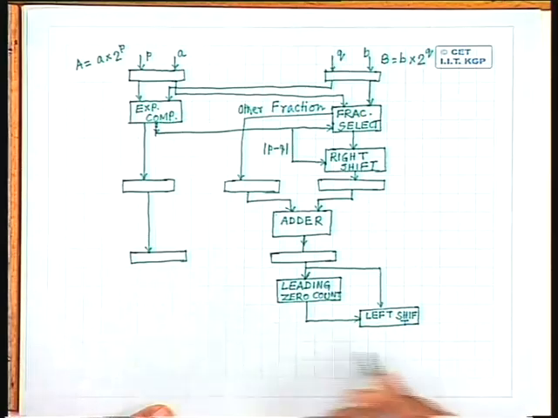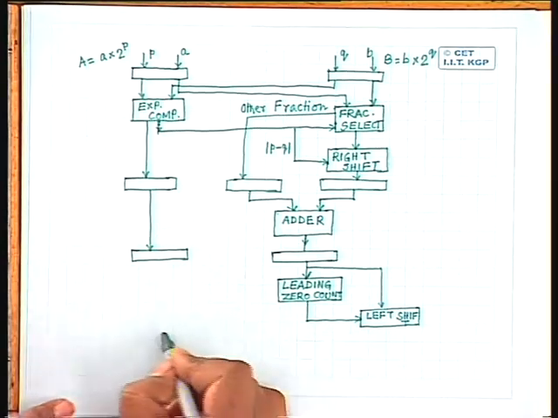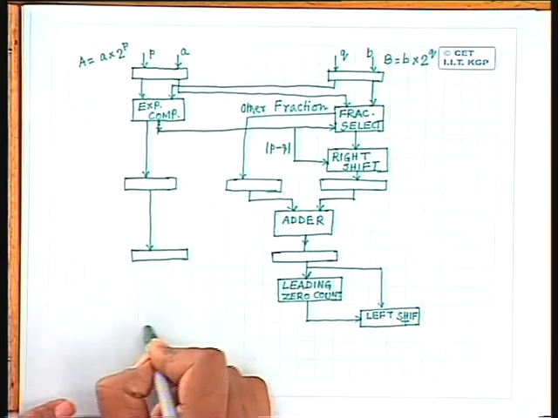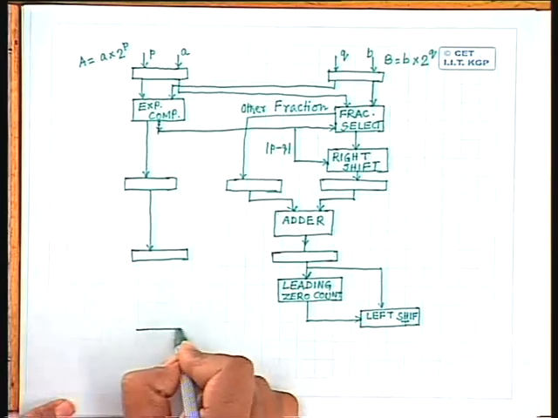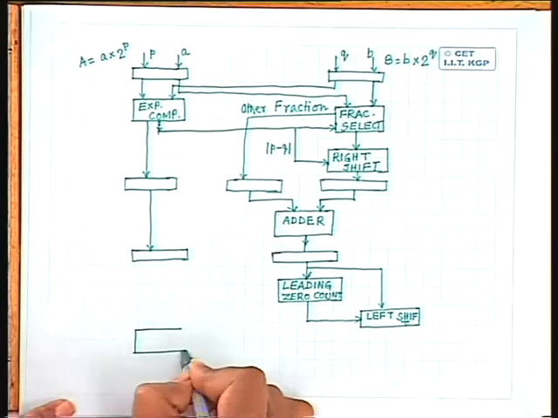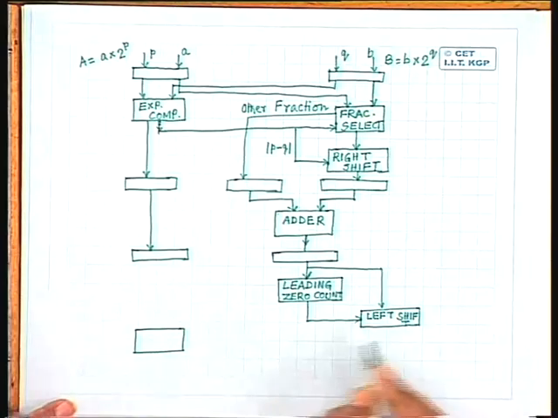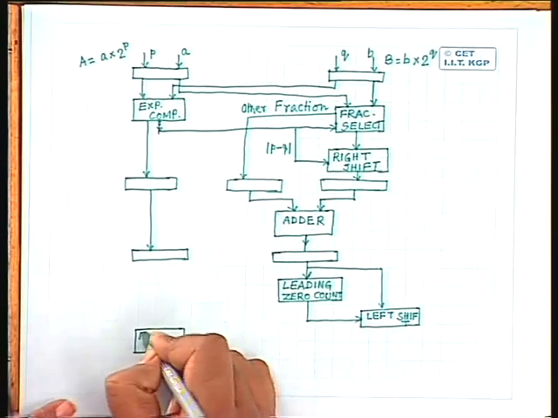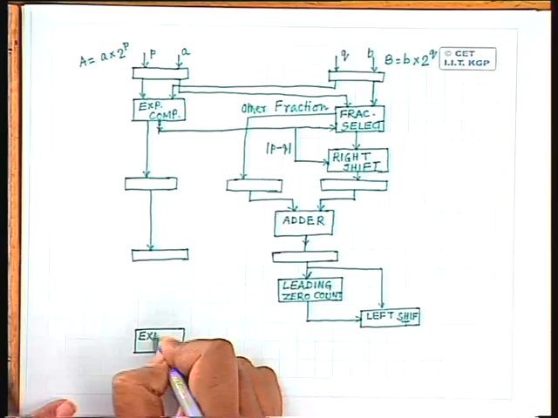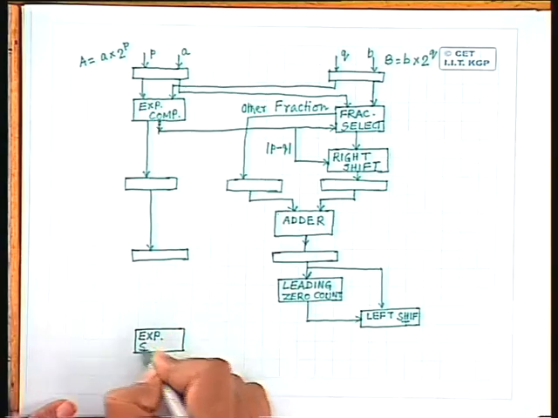So to keep the number the same, the same number has to be deducted from the exponent. So what we have to do is we must have an exponent subtractor, which can also be done by an adder, because you know that subtraction can also be performed by an adder. So I'll put it as exponent subtractor.